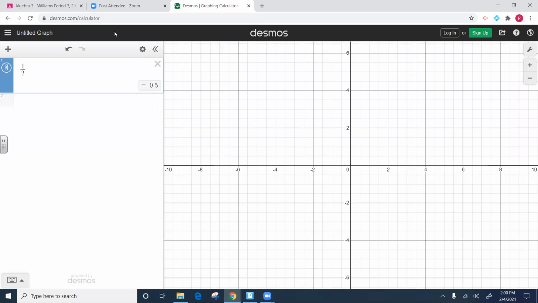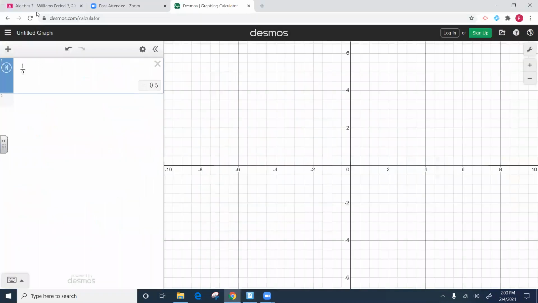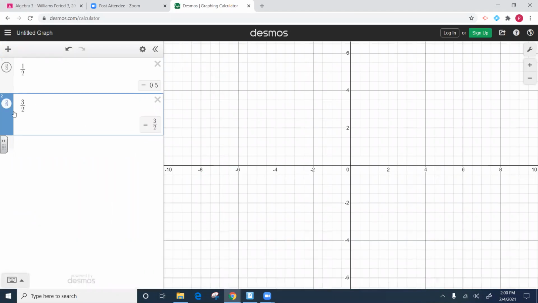So you could use either. And then the last one is 3 divided by 2. Again, doesn't divide evenly. So you could leave it as a fraction, 3/2, -1, or use Desmos or some kind of calculator so that you don't have an error. So 3/2 is 1.5. You could leave it either way, decimal or fraction.